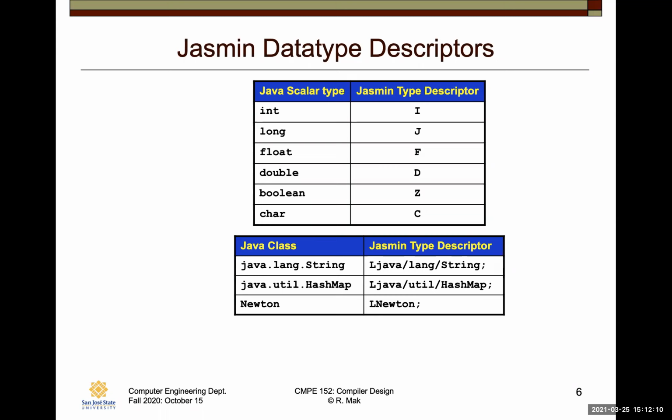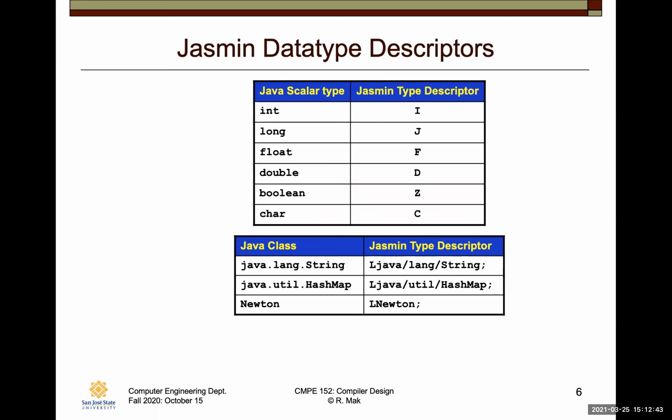But in Jasmine, you replace the dot with a slash, and then because it is a class name, you put a capital L in front of it and a semicolon at the end of it. So here is for a string, here it is for a hash map. And then if you define your own class, say you have a class called Newton, then it is capital L, Newton, and semicolon.